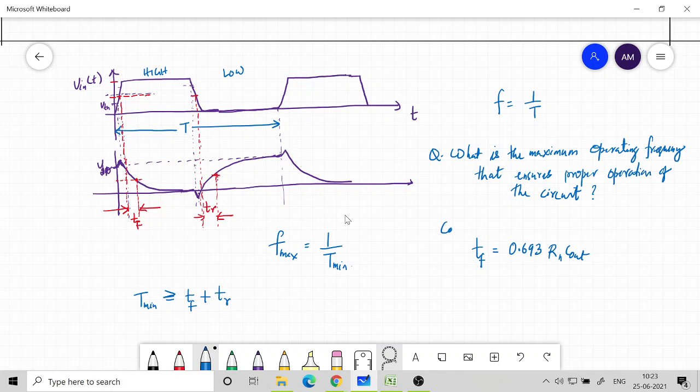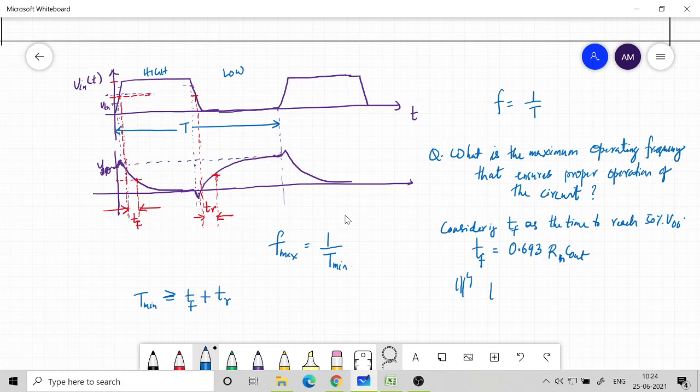Considering TF as the time to reach 50% VDD once the input is changed, that will be 0 if it is abruptly changed, and then for the output to reach 50%, I mean from time t equal to 0 to the time at 50%, we will get it as Rn, as we have already derived earlier.